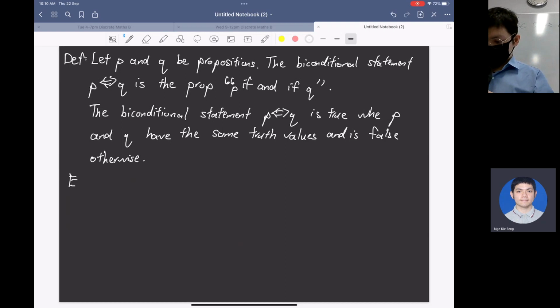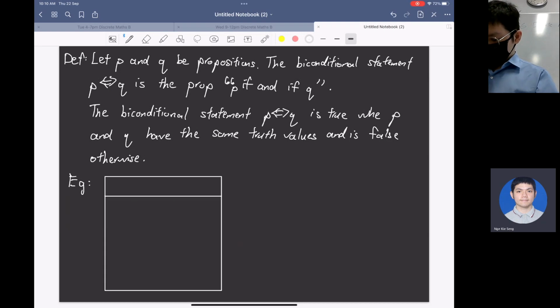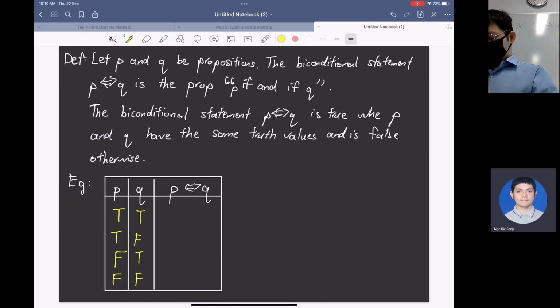Okay. So example, what's the truth table here? P, Q, P if and only if Q. So true P if and only if true Q. So it's true or false?